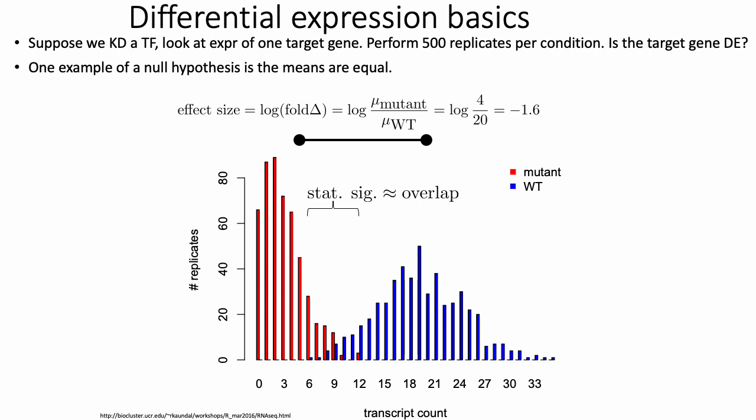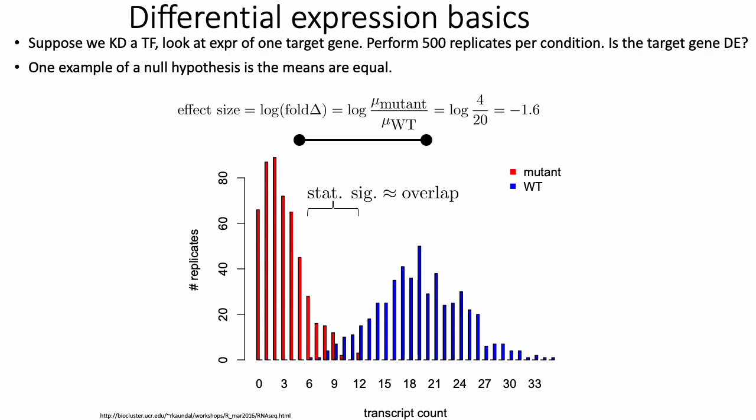Suppose in this hypothetical example that you perform 500 RNA-seq assays on different samples within either the wild type or the mutant. You're looking at one specific gene and you want to ask the question: is this gene differentially expressed between cases and controls?